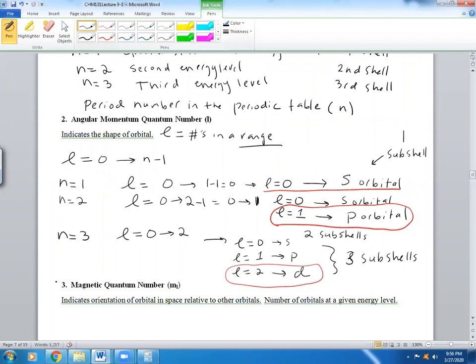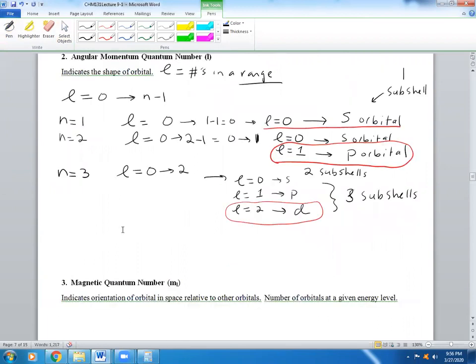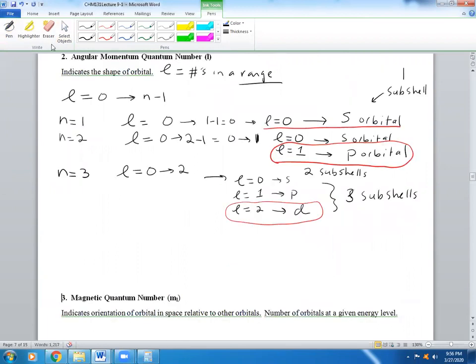I'm going to move this down a little bit because I need more space. I have n equals 4. That's the 4th energy level. So my L starts from 0 to, I will write all the numbers that come before 4. So that's 0, 1, 2, and 3.